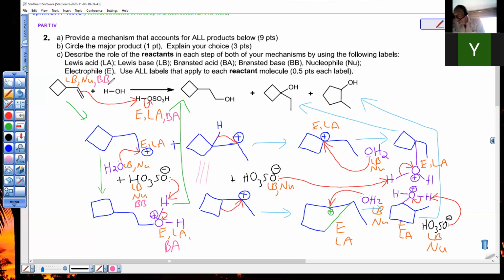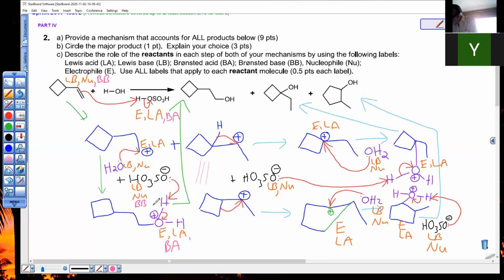There's never going to be a case where the A here is contradicted with a B here because there's no molecule that acts like a Lewis base and a Bronsted acid. And okay, I'm trying to help here. If there's an A here and you're going to put Bronsted because a proton's moving, it better be BA.